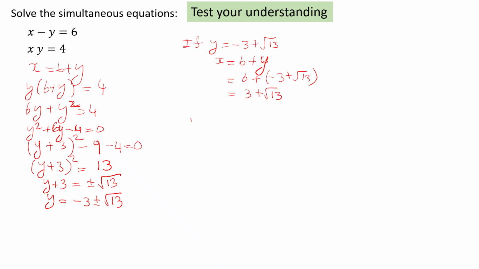So next one, if y equals minus 3 minus root 13, x equals 6 minus 3 minus root 13 with the bracket. If you simplify this one, minus times minus is positive, so 9 plus root 13.